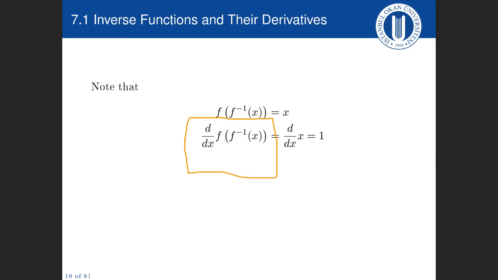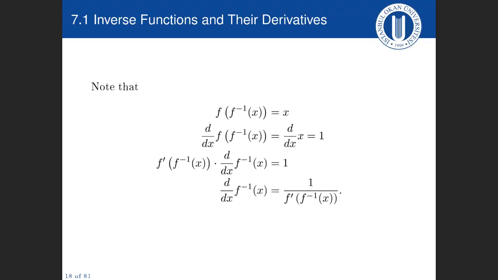The answer is we use the chain rule. The derivative is, by the chain rule, f prime of f inverse of x multiplied by the derivative of f inverse of x. And then divide both sides by f prime of f inverse, we get the formula that we want.